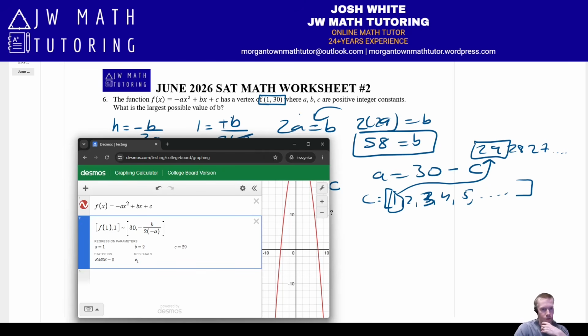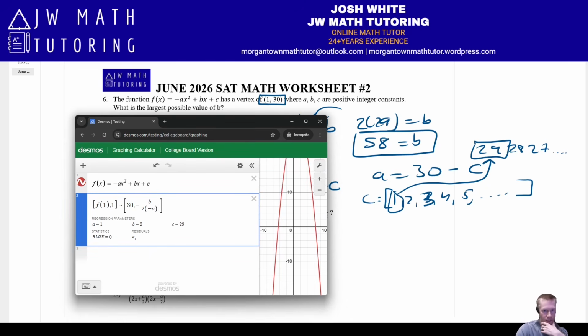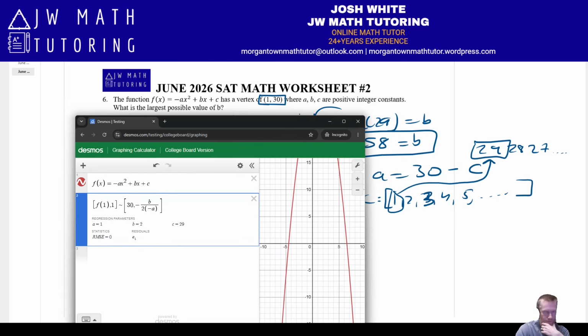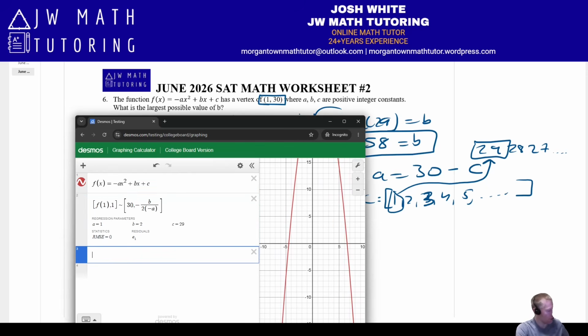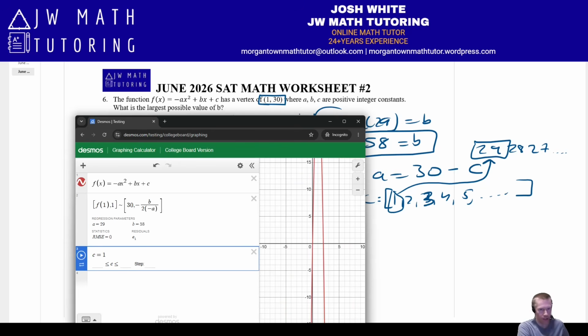Okay, so now here's what you're doing with this regression. There's two ways you could look at this. You could start with c at 1 and then notice what happens to a, or rather really what happens to b. So for example, notice right now I've got a is 29, b is 58. Really b is what I'm concerned with.